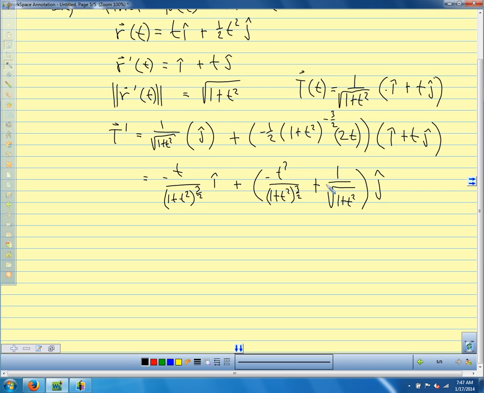After I go through this algebra of adding these two fractions, I can finally rewrite this as minus t over 1 plus t squared to the 3/2 i plus 1 over 1 plus t squared to the 3/2 j. So that's the derivative of my unit tangent vector.